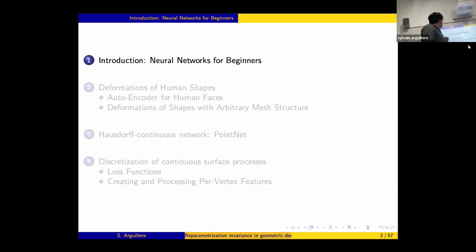Then we'll talk about the kind of things we have done during Thomas' thesis. I present a quick summary of everything we tried to do during his 3 years PhD. And then I'll give you some examples of ways to achieve reparametrization robust neural networks for surface deformations.